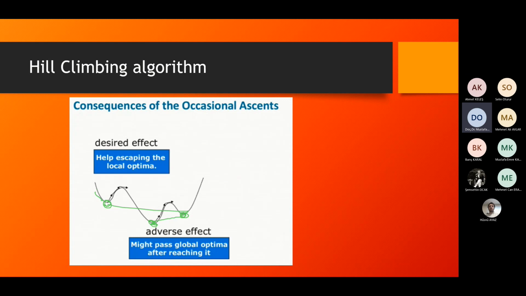So making sudden moves means exploration. Making small moves will be exploitation. So the naive algorithm has been improved by adding some random radical changes.